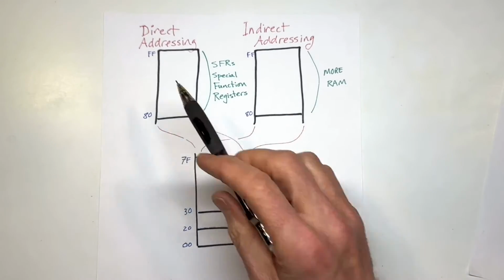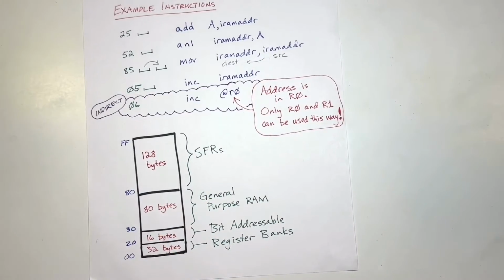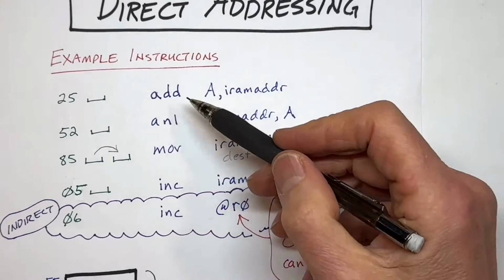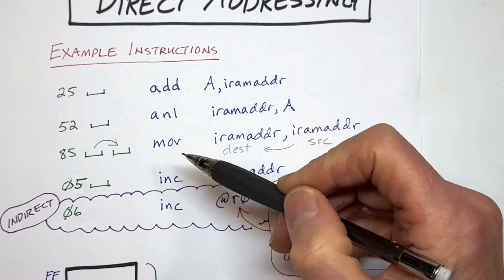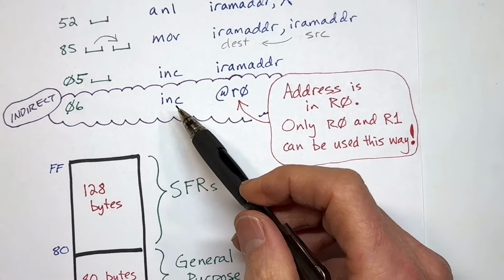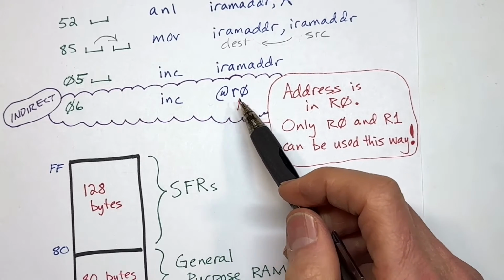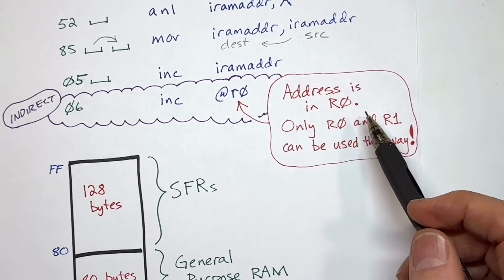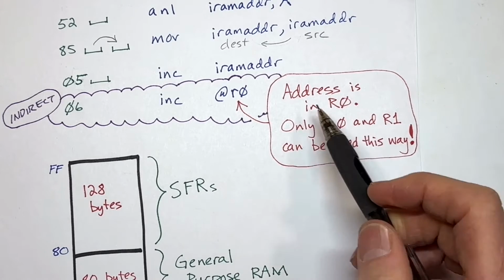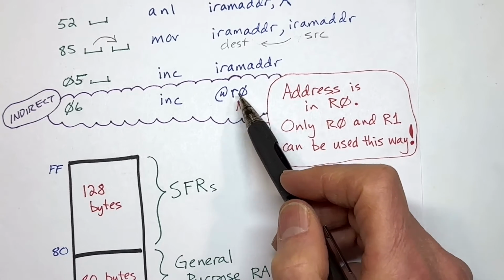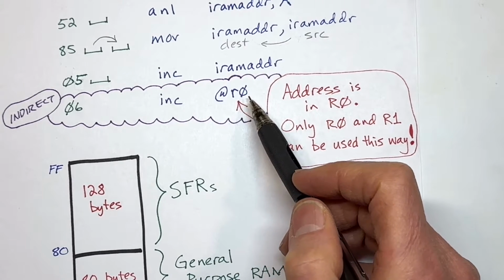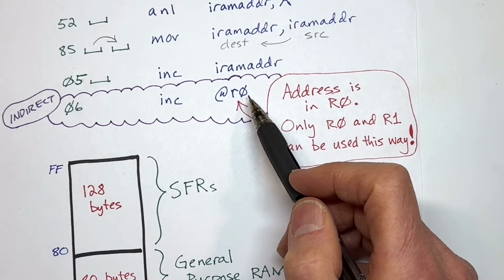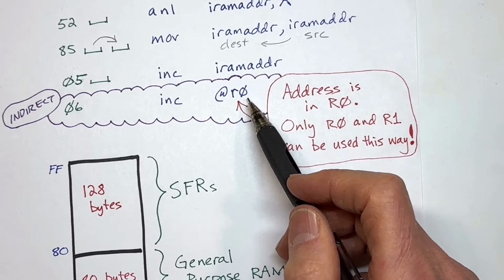So direct addressing is used on most instructions, as we saw with these instructions here, but indirect addressing is done using registers R0 and R1. It turns out you can only use R0 and R1. The other registers, R3 through R7, cannot be used this way.